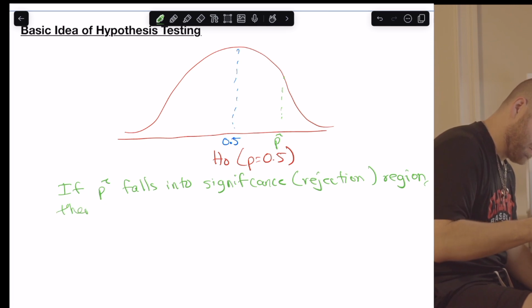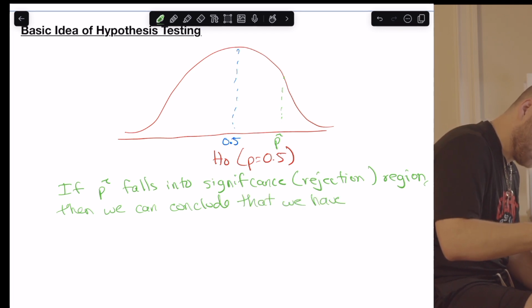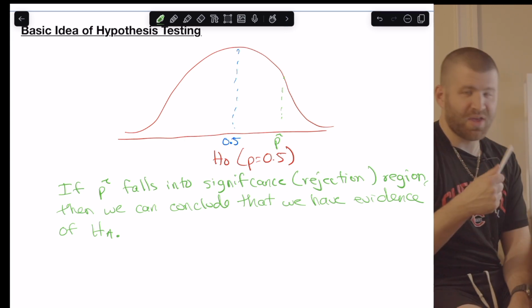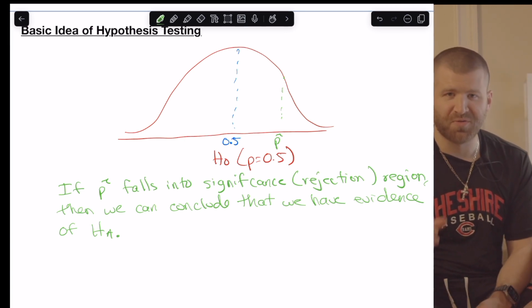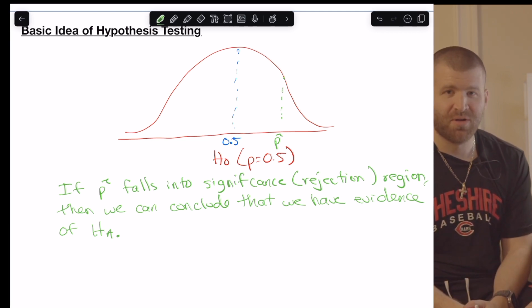Then we can conclude that, this keeps switching to the eraser, we have evidence of our alternative hypothesis. So that is the idea. If that sample proportion or sample mean falls into that rejection region, we say that we have evidence that our initial claim was not true.